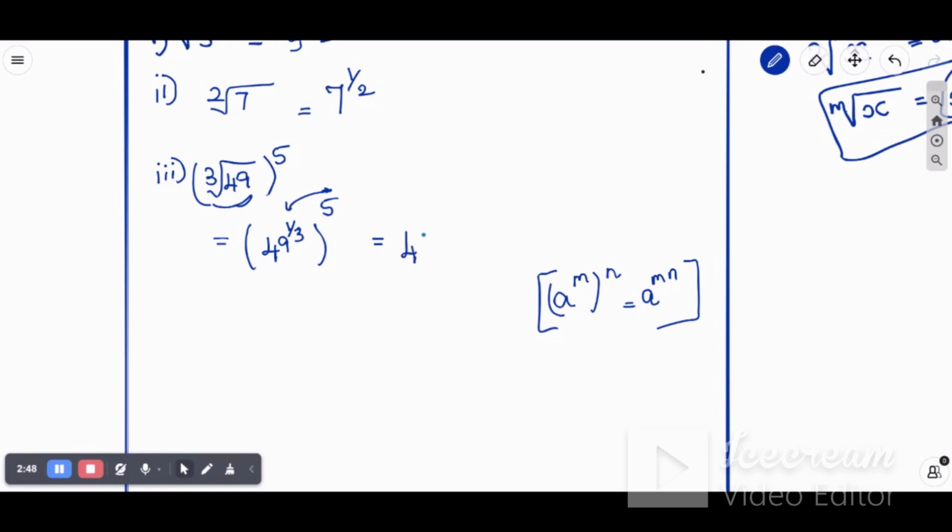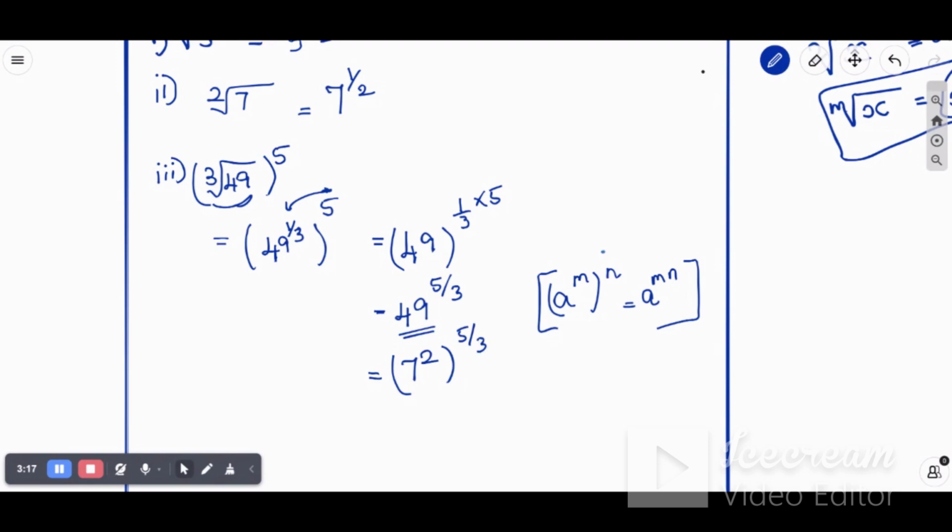So 49, keep it as such, and this power, if you multiply, will be 1 by 3 into 5. What is 1 by 3 into 5? It is 5 by 3. Since you are in 9th standard, have a practice of writing it directly: 49 to the power 5 by 3. This is ending, but there is still a small thing you can do. This 49 you can express as 7 square, 7 sevens are 49, the whole power 5 by 3.